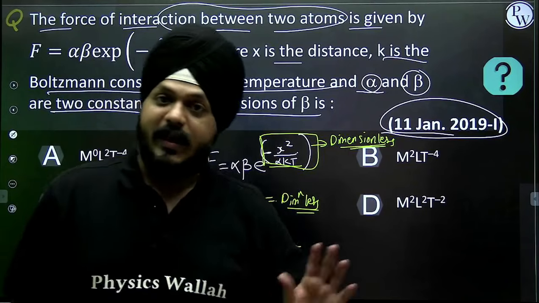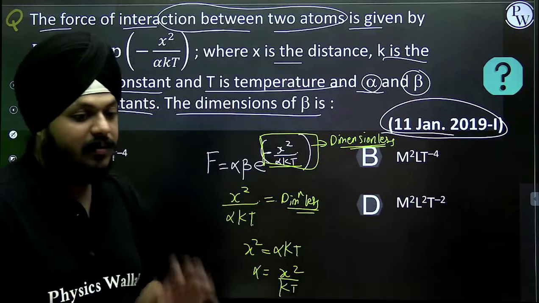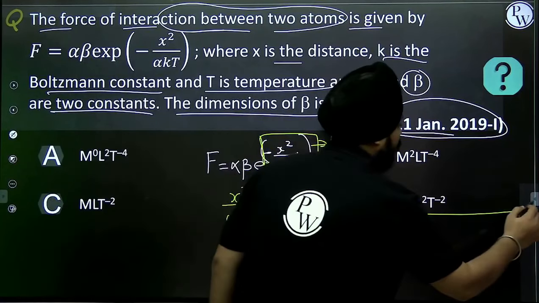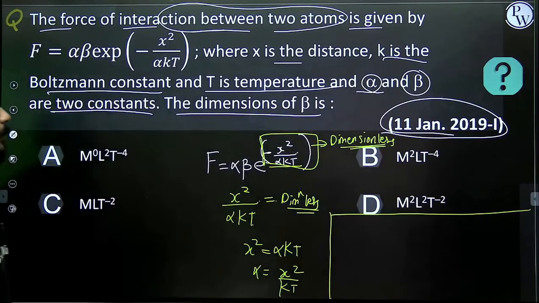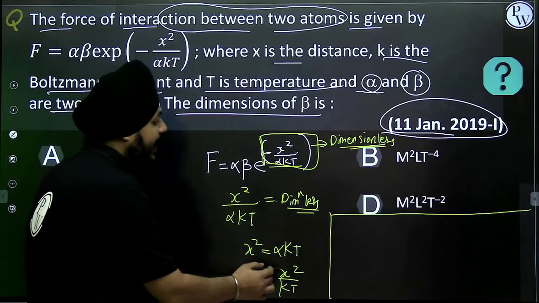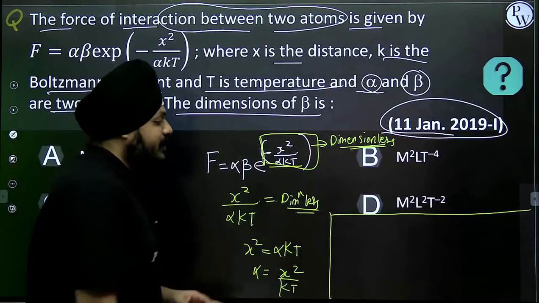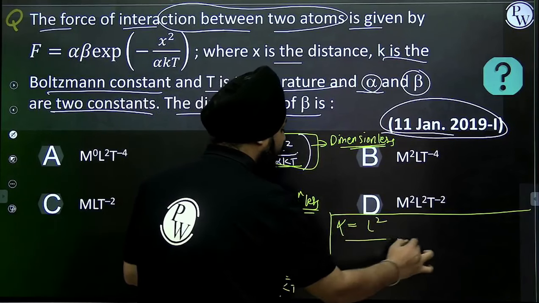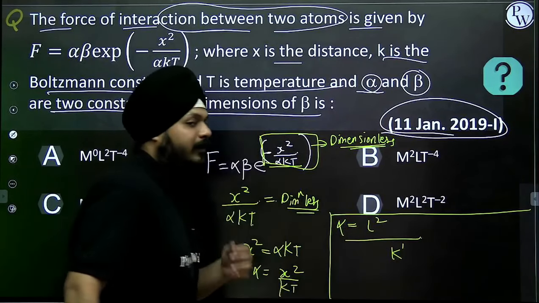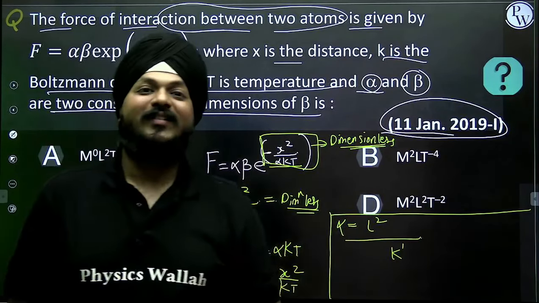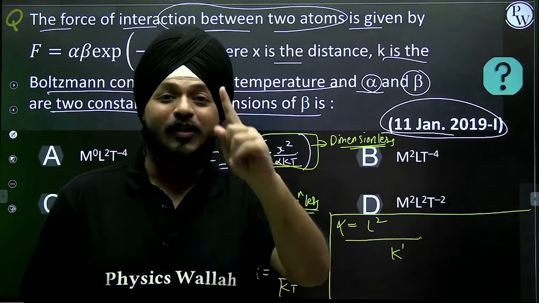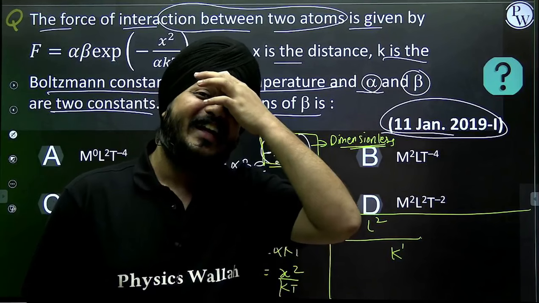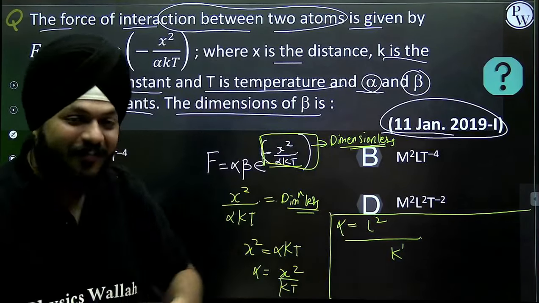Dimensionally we are writing this, as I said in the question solving approach, from the mathematics point of view. Now x is a distance, T is temperature. So can I write alpha equals distance L square, temperature K1. Now you are stuck with the Boltzmann constant, which is not a physical quantity you are completely aware of.